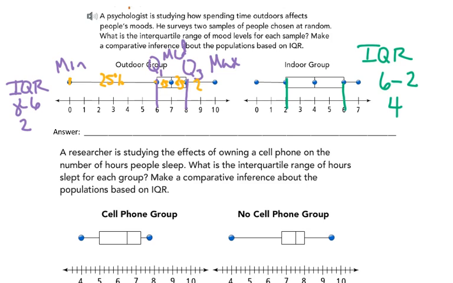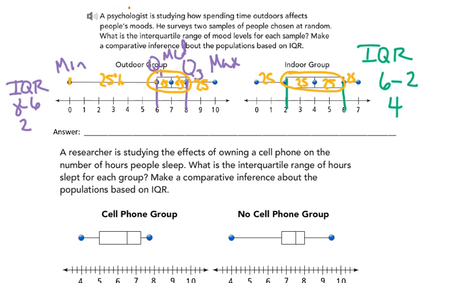And 25% of your data is between Q3 and the max. So that's why they're called quartiles. And when we talk about the IQR, the interquartile range, we're talking about the middle 50% of people. So here's 25%, 25%, 25%, and 25%. So the box in a box plot is the middle 50% of your data.